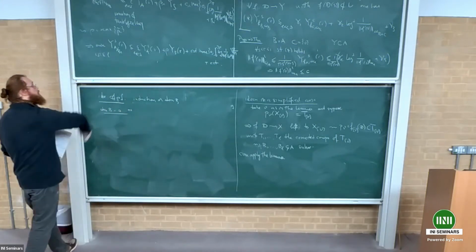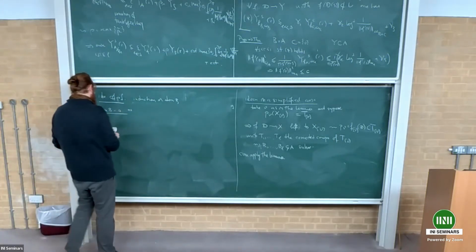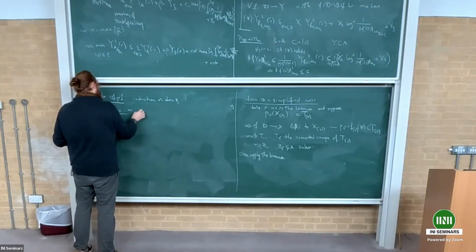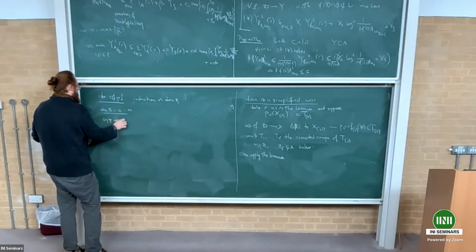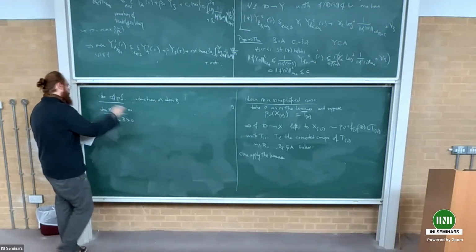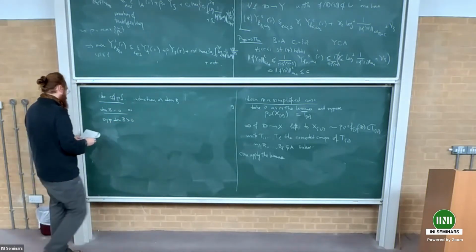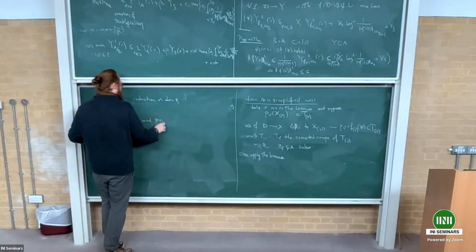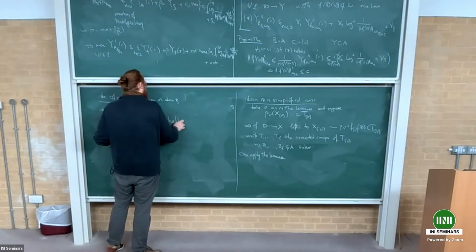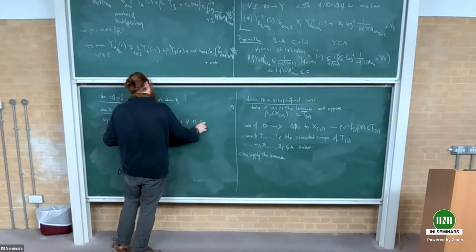The left-hand side is equal to 0, and you don't have anything to say. Now suppose that the dimension of B is bigger than 0, and that the proposition holds for all lower dimensional B prime in B.